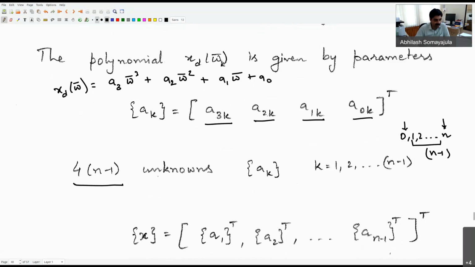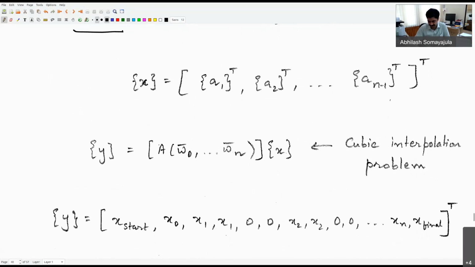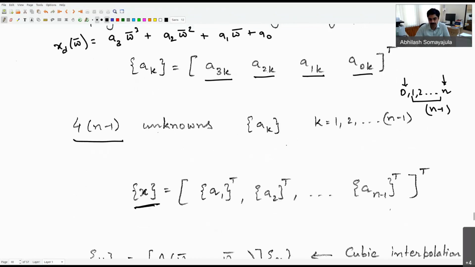And that is where we formulate this set of linear equations, where the constraints are formulated as a matrix equation. So we formulate a vector x, which is just a combination of all these coefficients for waypoints 1, 2, 3, 4 up to n minus 1.